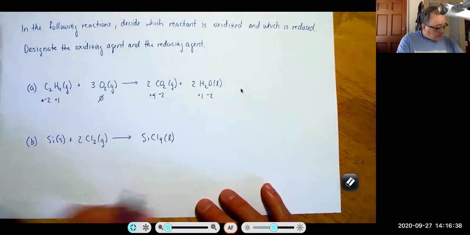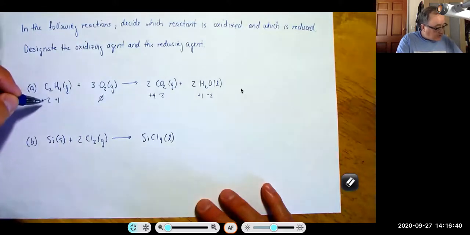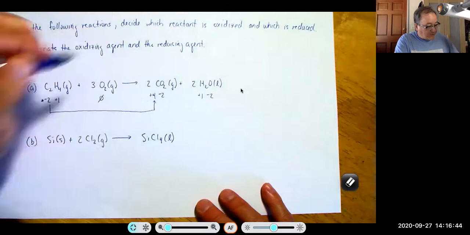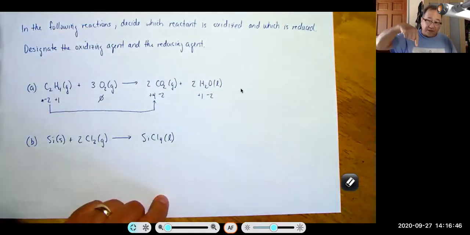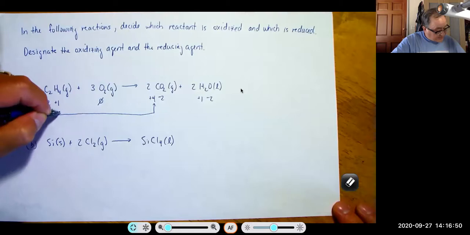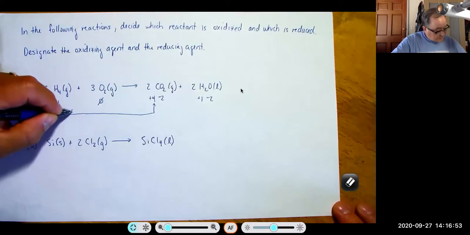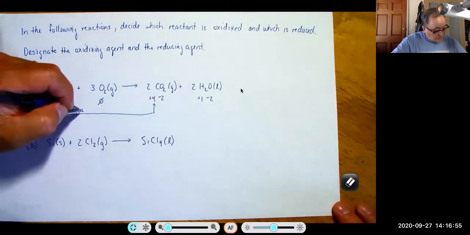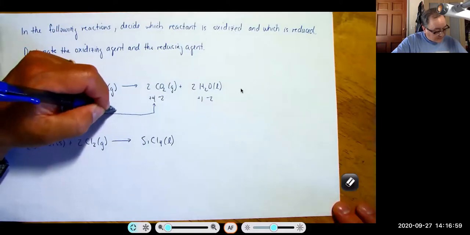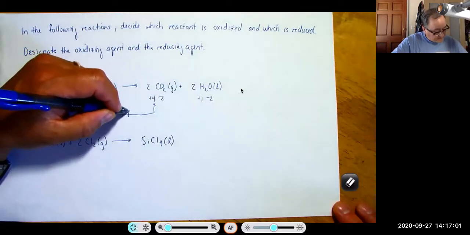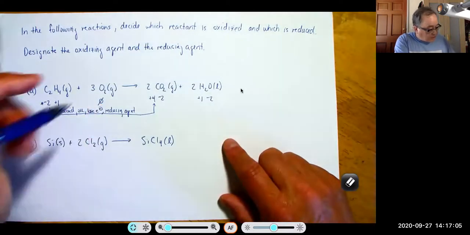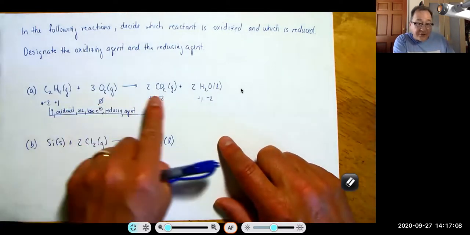So if we take a look at the carbon, can you see that the carbon goes from -2 to +4? Is that an increase or decrease? That's an increase. Increase means oxidized, which means OIL, which means lose electrons, which means reducing agent. Now, let's look at this oxygen. The oxygen goes from a 0 to a -2.